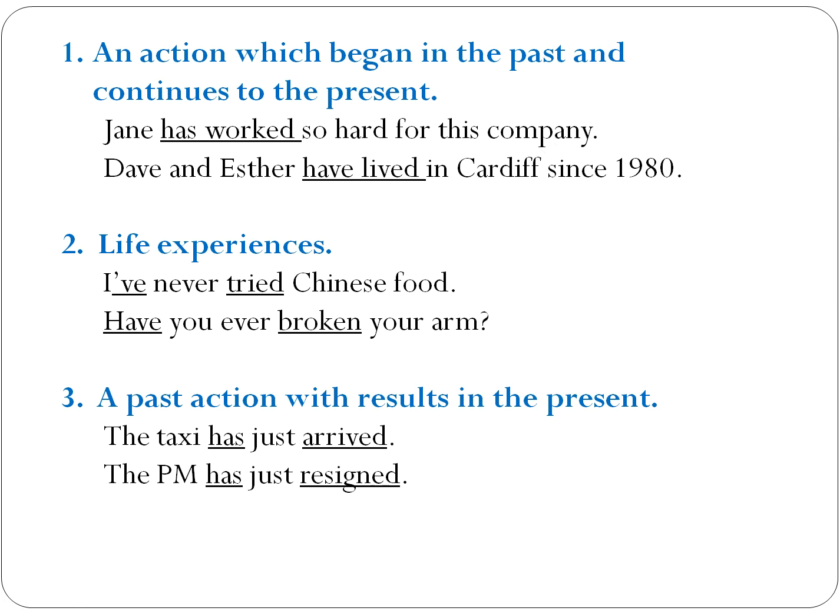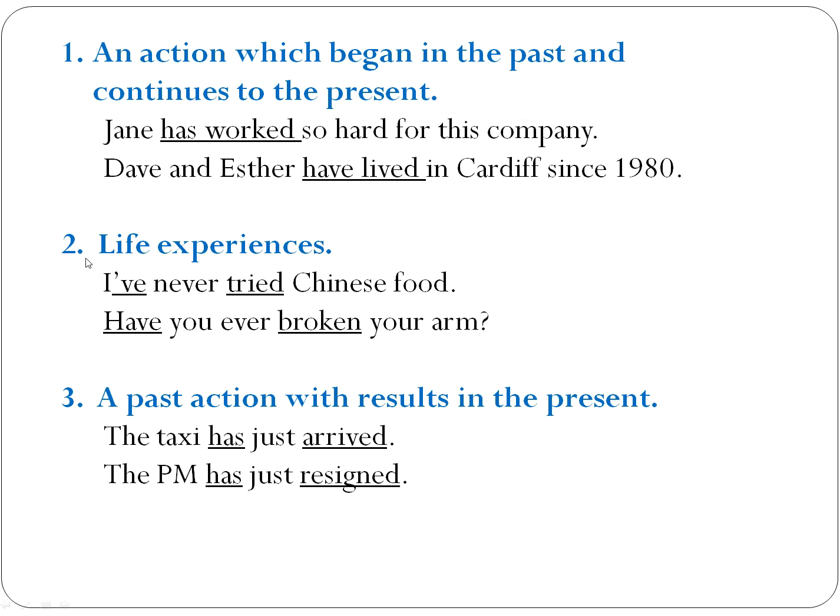Because it is not a finished action, Jane worked in the company and still works in the company, we use the present perfect. Dave and Esther have lived in Cardiff since 1980. Since 1980, meaning up to the present.